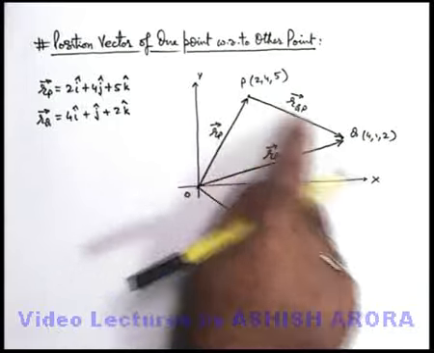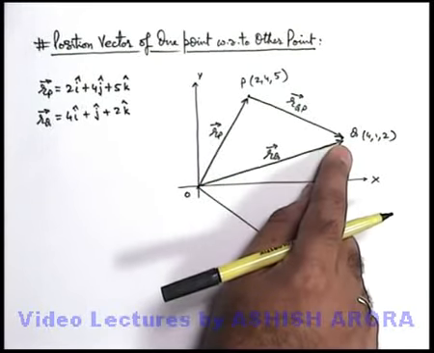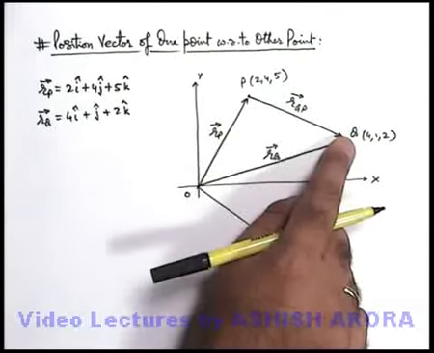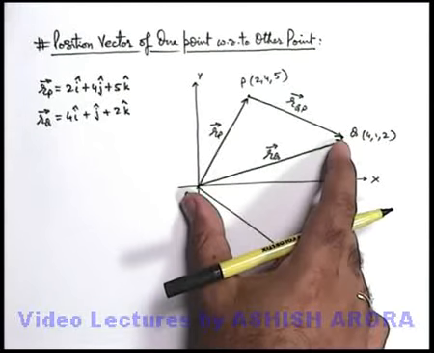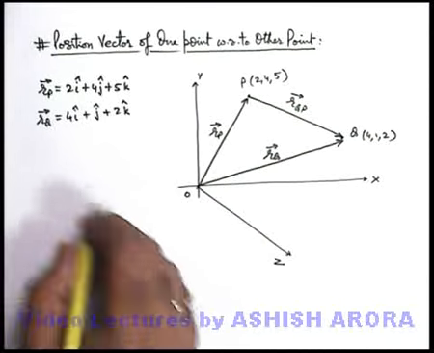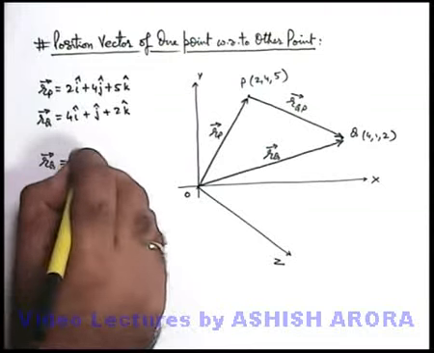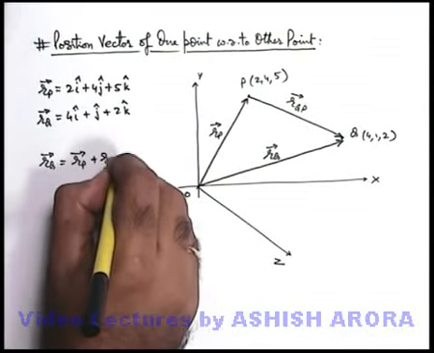By triangle rule, this RQ vector is the resultant vector of RP and RQP. So here we can simply write RQ vector is equal to RP vector plus RQP vector.